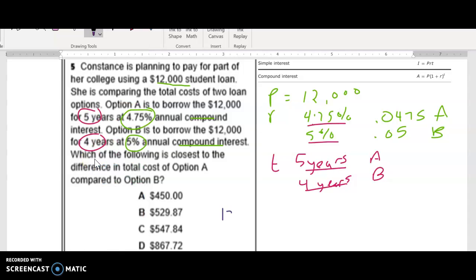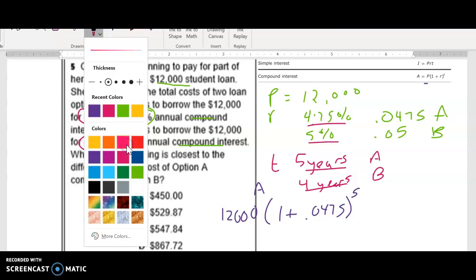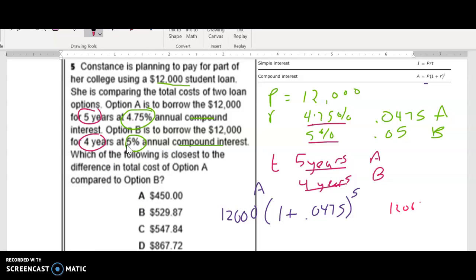We'll do 12,000, because that's our P, times 1 plus, and we're going to do option A first, 1 plus 0.0475 to the 5th, and then option B is calculated as 12,000 times 1 plus 0.05 to the 4th.